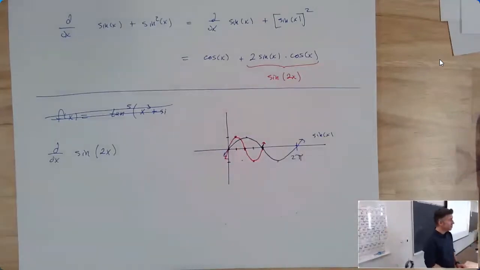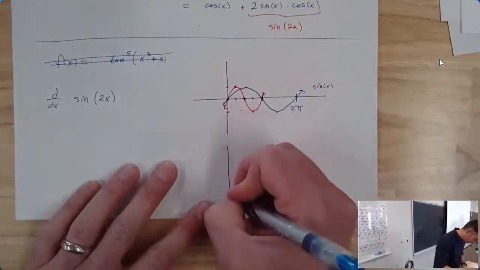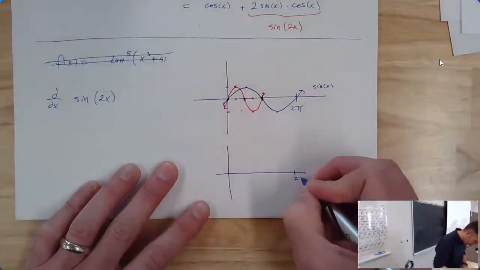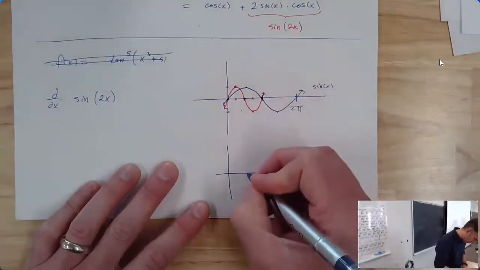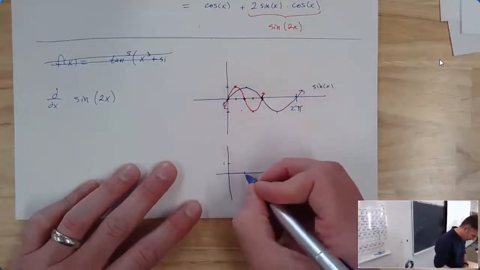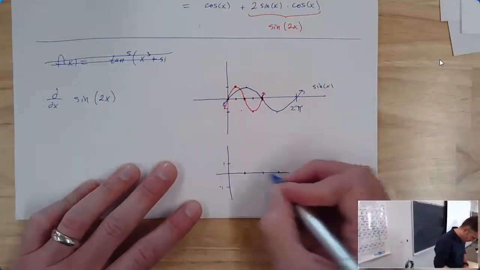Okay, so now I'm going to do the same sort of thing I did to find the derivative of sine before, which is just draw the derivative using the slopes of the tangent lines. So check this out. We know that for sine of x, the slopes of the tangent lines give you a nice cosine. The slope here is 1, and then 0, and then -1, and then 0, and then 1.